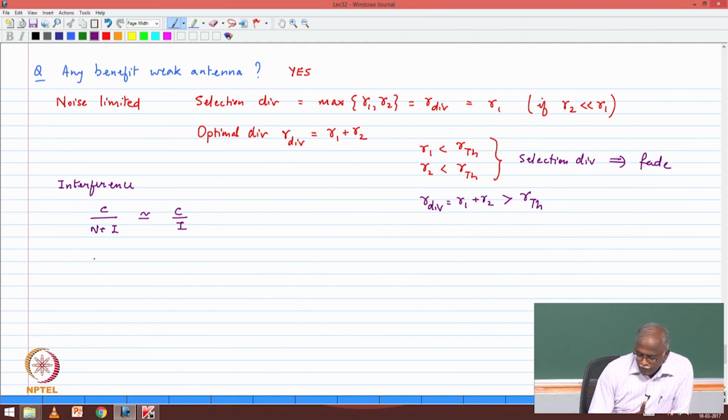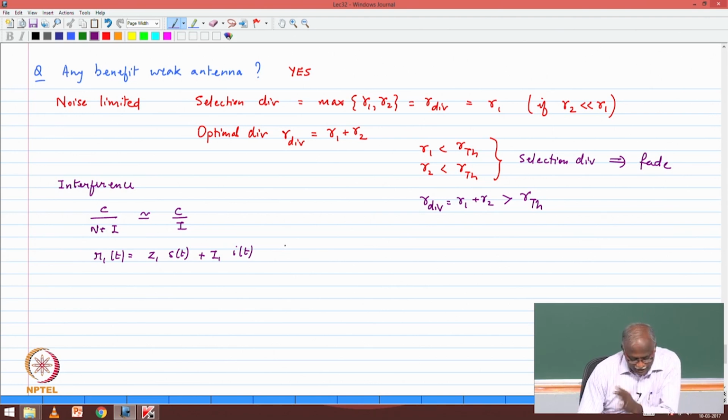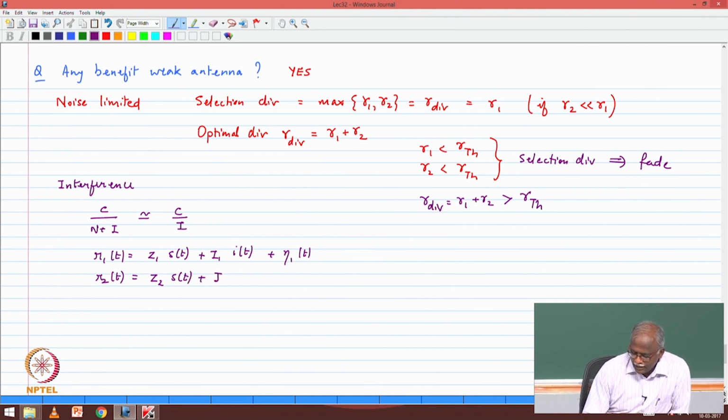The model of the signal is R1 of t equals Z1 times S of t plus I1 times I of t, where I is the interfering signal and I1 is the Rayleigh coefficient affecting the interfering signal, plus eta 1 of t. R2 of t equals Z2 times S of t plus I2 times I of t plus eta 2 of t.